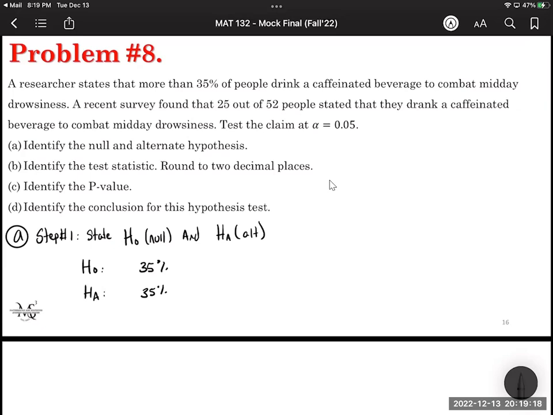P equals 35? Yes. So for the null hypothesis, we're going to say P is equal to 0.35, because 0.35 is the same thing as 35%. Now, that is my null hypothesis.